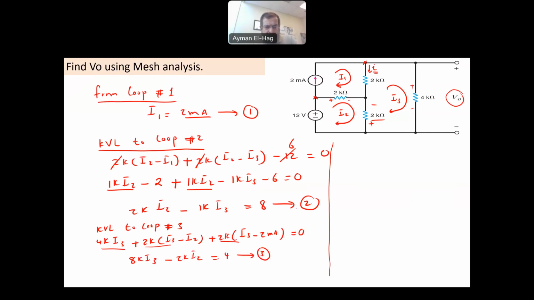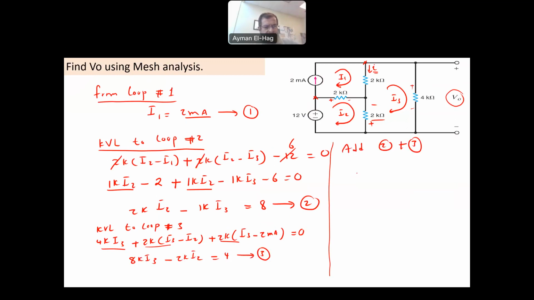Now, when you look at the second equation and the third equation, if I add them, I can eliminate I2. So we add equation 2 plus 3. Now it becomes math. Whatever technique you want to use, that's okay.